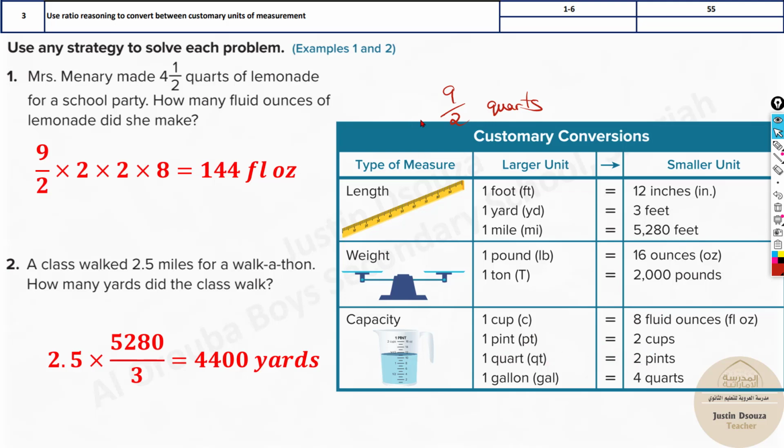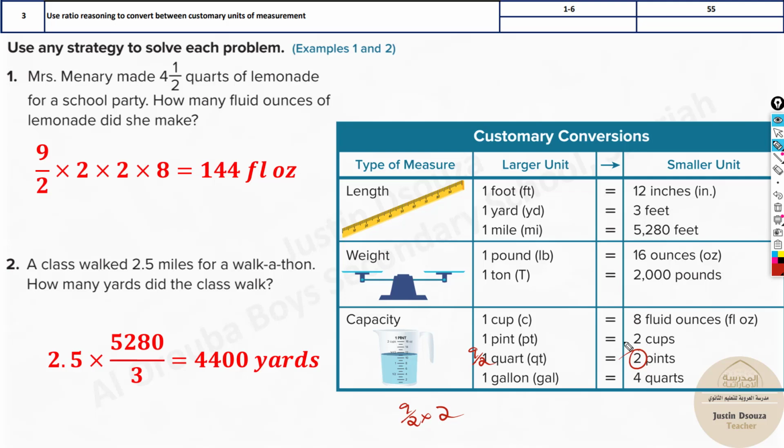So we multiply 9 by 2 quarts first with 2. You get the answer in pints, because 1 quart is 2 pints.